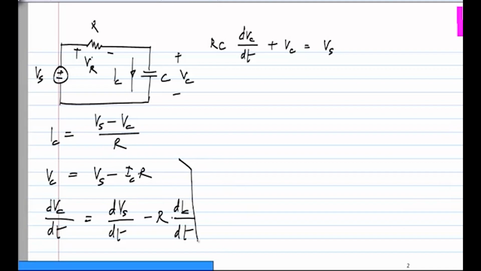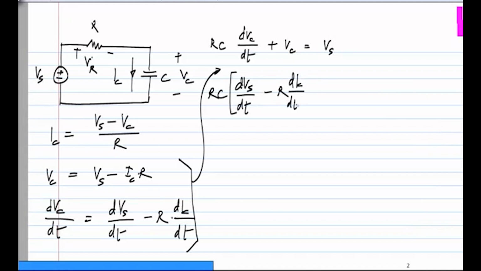And if I substitute these two in there, what will I get? Rc times dVs by dt minus R dIc by dt plus Vc, which is Vs minus Ic times R, and on the right hand side we have Vs.